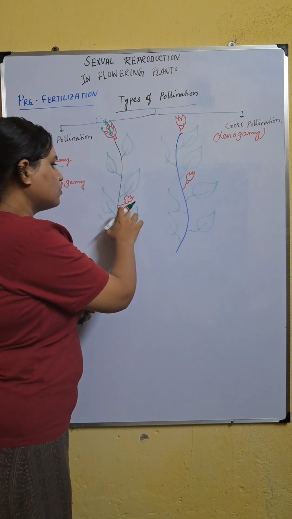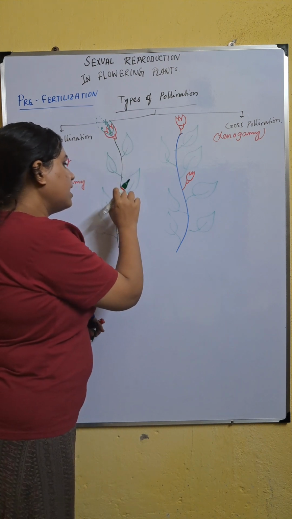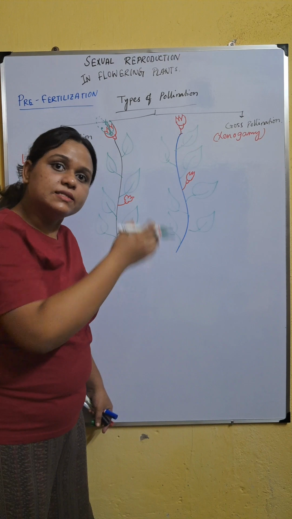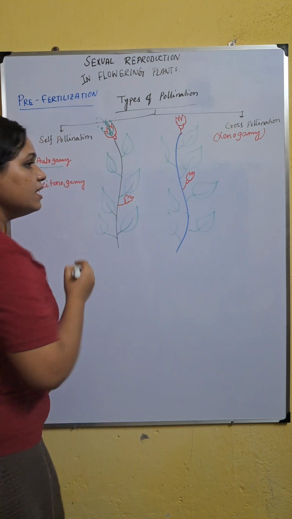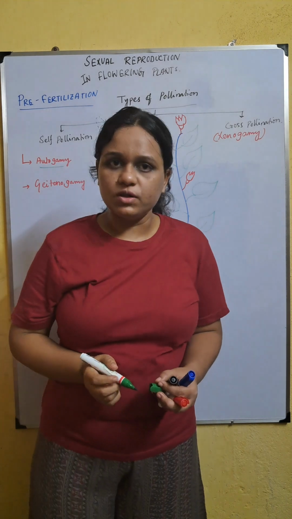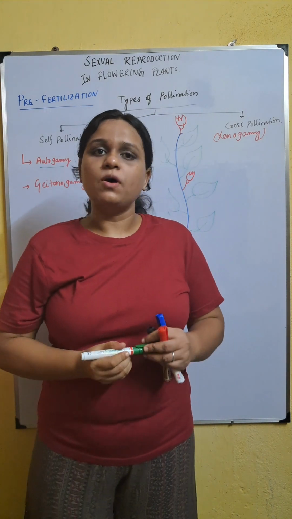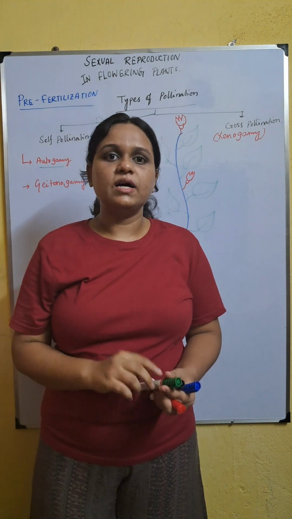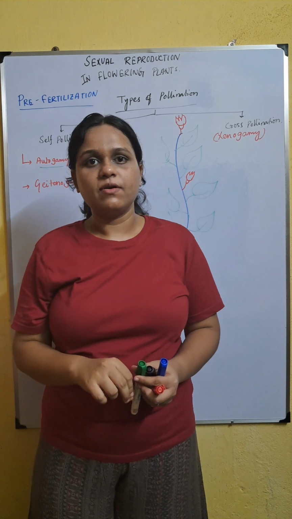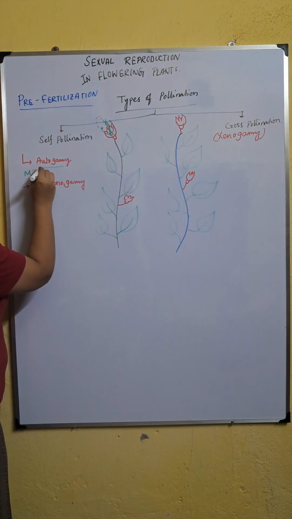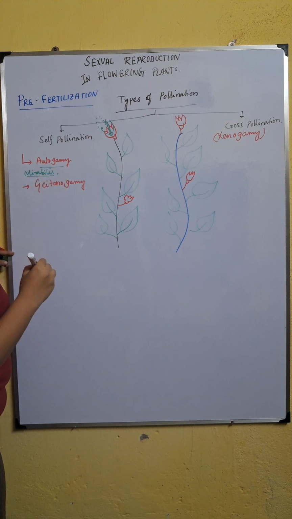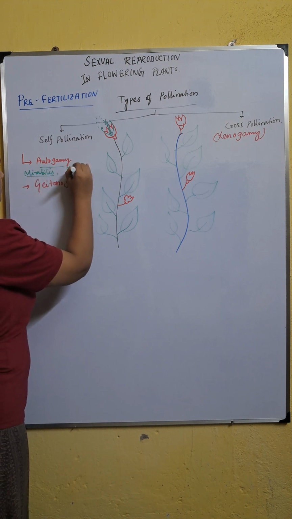If autogamy is occurring, the stigma will have the pollen of the same flower. So autogamy is the self-pollination process when pollen grains from the anther go to the stigma of that flower. For example, autogamy occurs in Mirabilis jalapa and Opuntia.